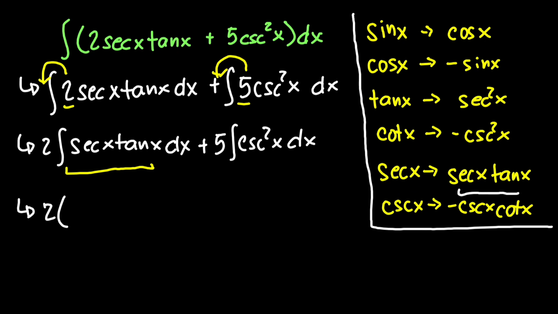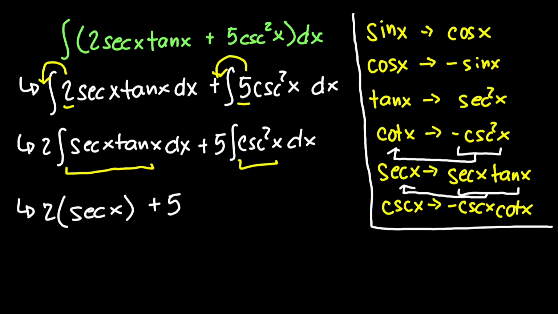So the integral of secant x tangent of x would be equal to secant of x, plus 5 multiplied by the integral of the second part, which is cosecant squared of x. The integral of this would be equal to cotangent of x.